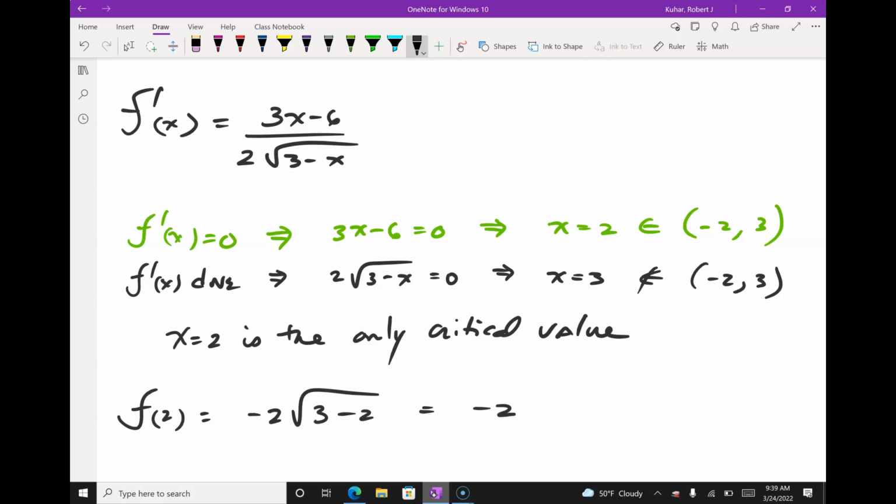Notice I'm not plugging the 2 into the derivative. I'm plugging the value that I found back into the function, and we're going to do that quite a bit in this chapter. We're going to find critical values of the derivative and plug them back into the function. We're going to find critical values of the second derivative and then plug them back into the function.